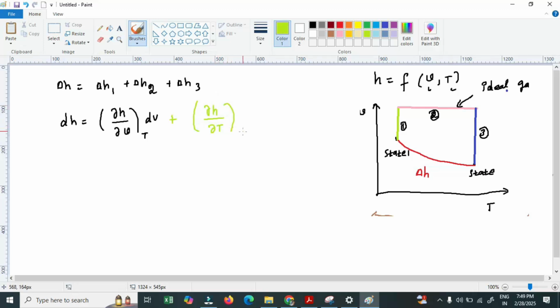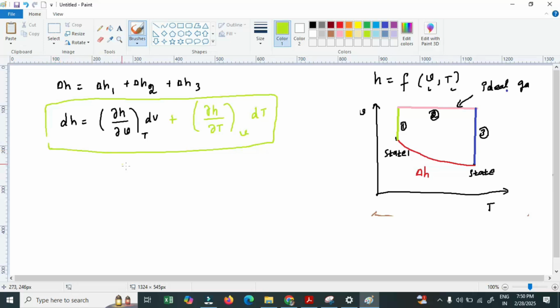And step number 2, where my volume is constant. Therefore, for step number 1 and 3, I need not take this term since dT is zero because temperature is constant.